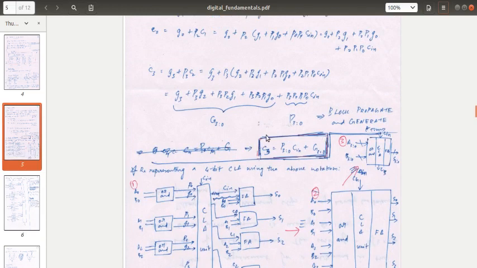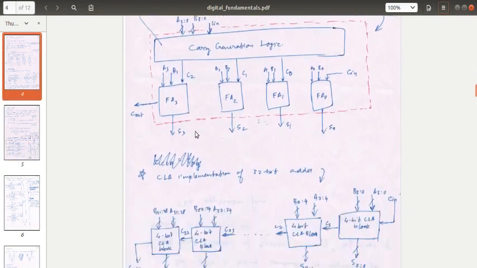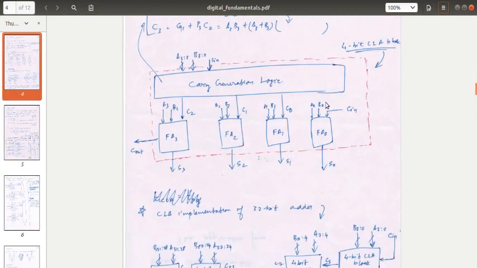So this is the carry term for a block. Here we are just re-representing the whole thing. Earlier, in our carry generation logic or carry look ahead logic, the input was A's, B's and C in, and the outputs were individual carry terms.